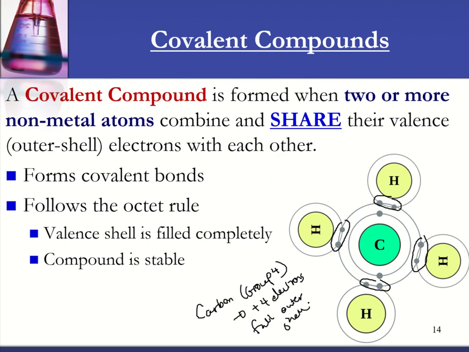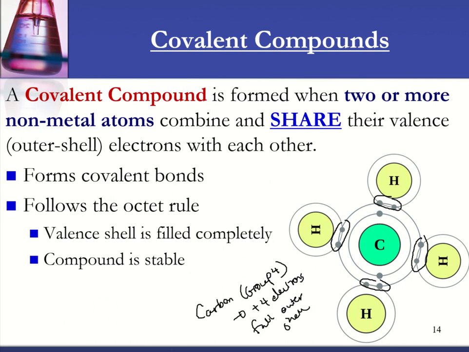And you can see what's happening here is the 4 hydrogens are each contributing 1 additional valence electron to orbit around carbon. So that's just how the valence shell is occurring.